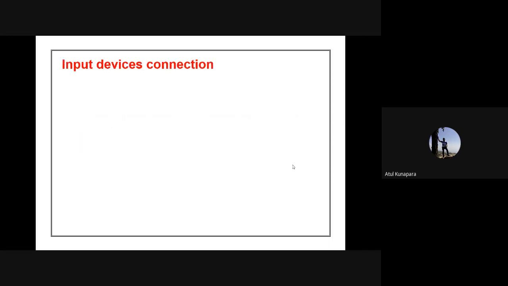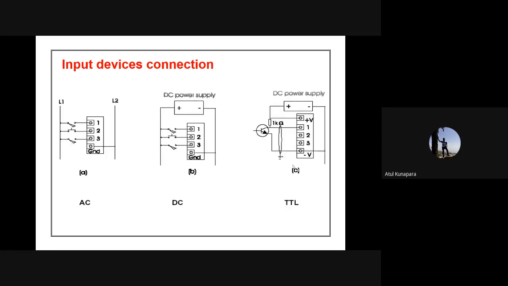Now, how are the input devices connected to the input module? If you look at the diagram, three different types of input devices are shown. First, the AC inputs: in the input module there will be a terminal for the ground, which is connected to the ground point of your AC signal.